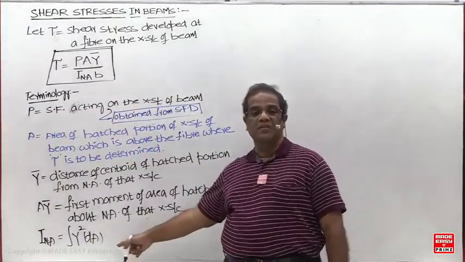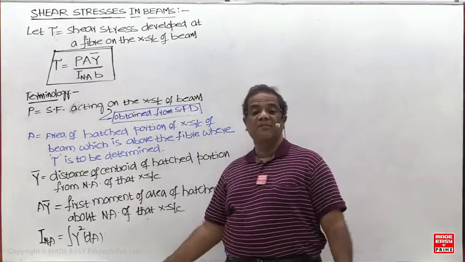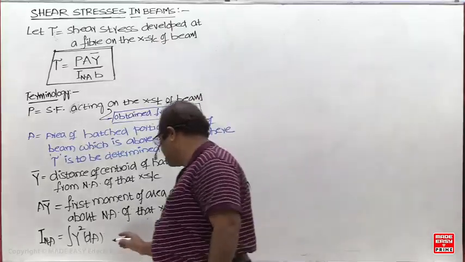I have already studied this when studying the bending equation. What is I? Moment of inertia, that is the second moment of area of the entire cross section.